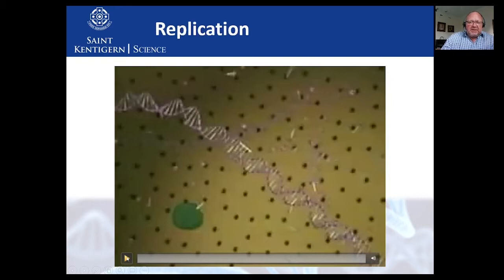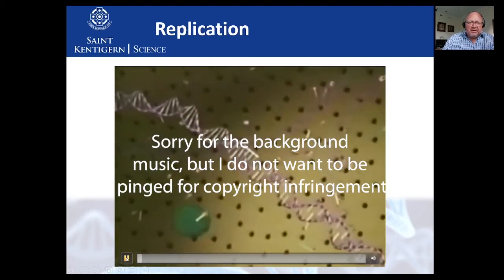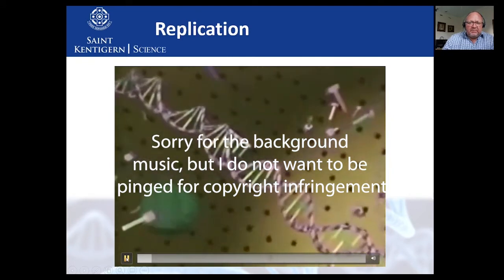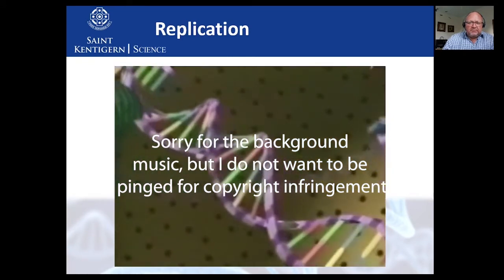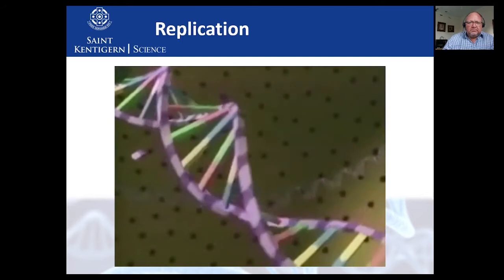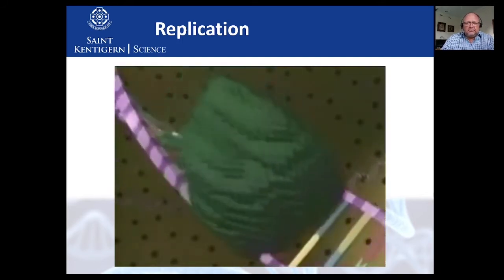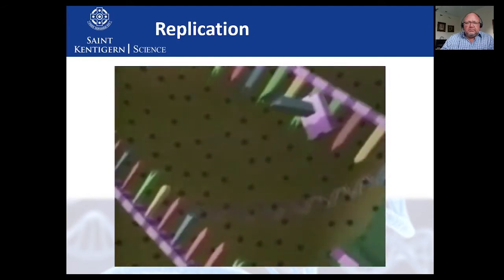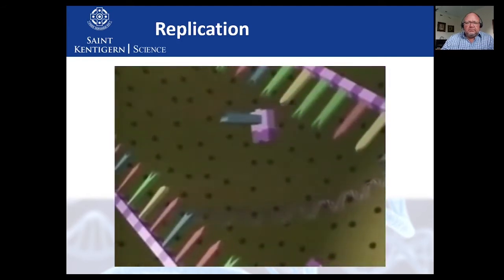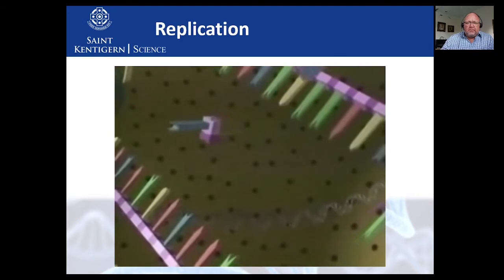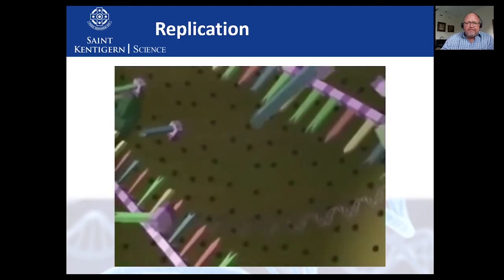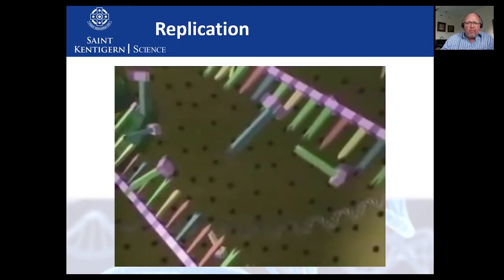Okay, and this is a short video on DNA replication. To make perfect copies of our DNA, an enzyme first unwinds the 2 strands of the molecule by separating its base pairs. Another enzyme then attaches free nucleotides to the exposed sites.